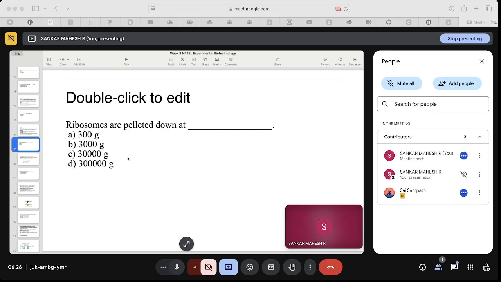Does it have to do with centrifugal force? Yes, and centrifugal force is the result of the RPM, right? But is there something within your sample that decides this? No idea.